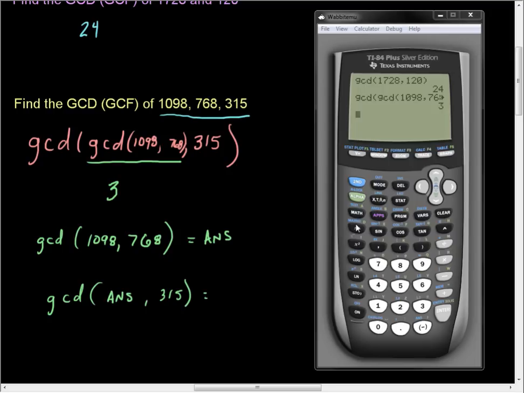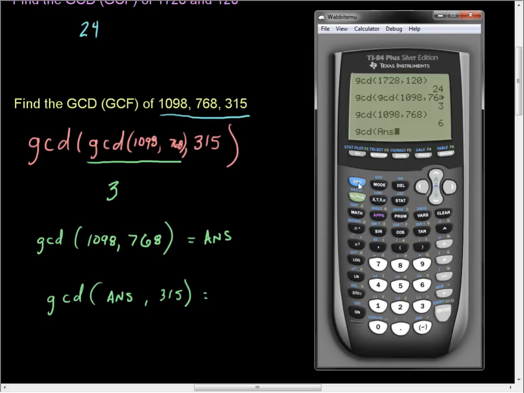To call this, go to Math, scroll to Num, number 9, and then I put in 1098, comma, 768, end the parenthesis, enter. I get an answer. Now what I do is take Math, over to Num, press 9, and now I call my answer by pressing second and then the negative key, where it says ANS in blue.